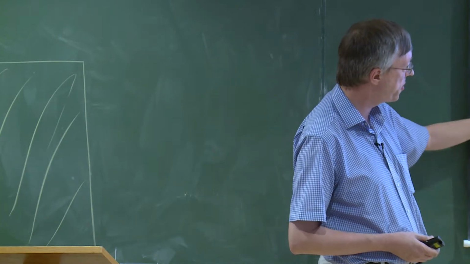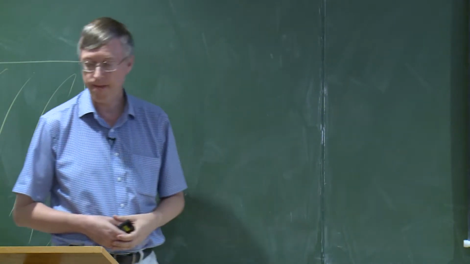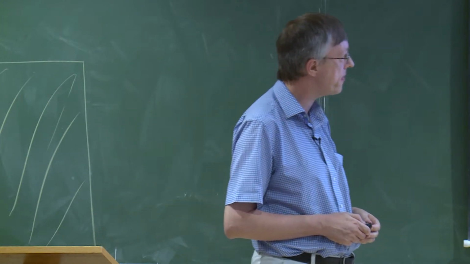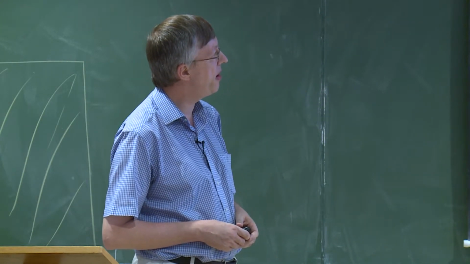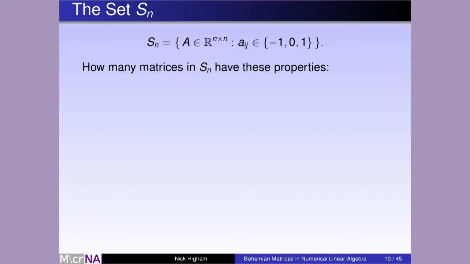So in the rest of the talk, really, I'm going to try and use Bohemian matrices to look at some interesting questions in numerical algebra. And a lot of what I say will be based on this set Sn, which is the matrices with elements -1, 0, or 1.